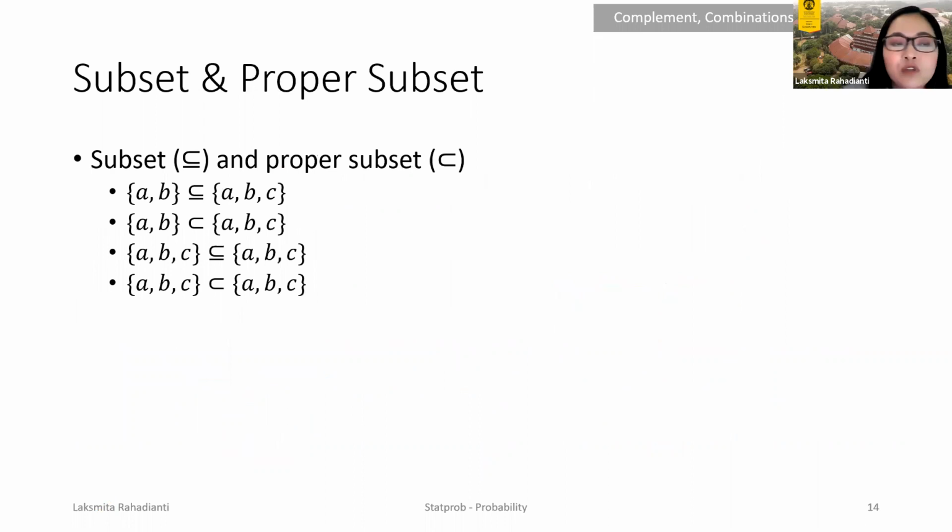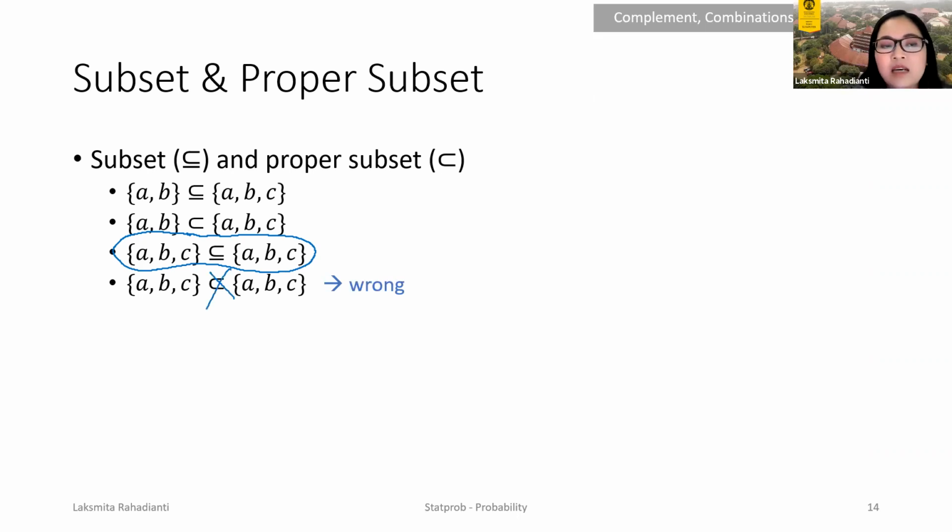So lastly, when we're talking about subset and proper subset, we have these two symbols. If you recall, the subset and a proper subset are different in the sense that I can write it like this. So the exact same set can be noted as the subset. However, it cannot be written as a proper subset.